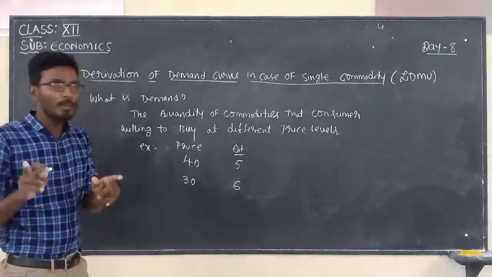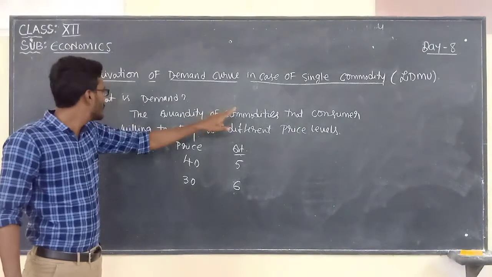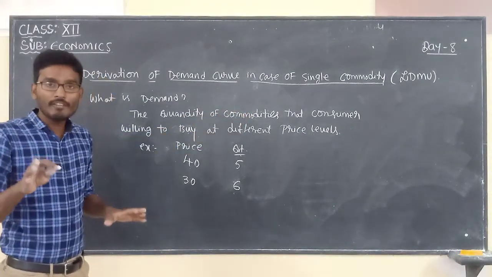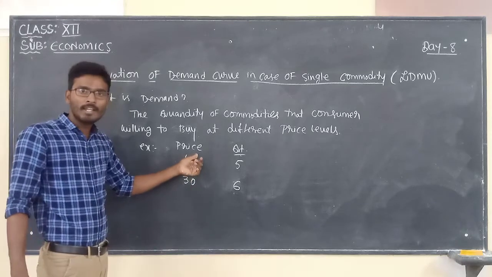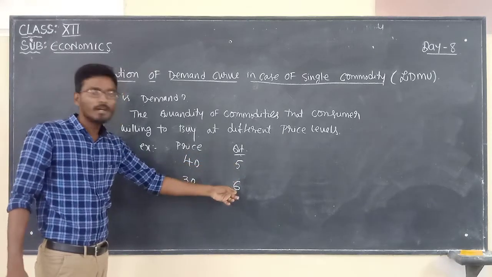Now, I hope you are very clear, right? The quantity of commodities that a consumer is willing to buy at different price levels. Different price levels means you can consider how much he purchased at 40 and how much he purchased at 30.